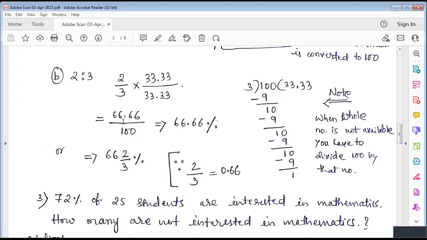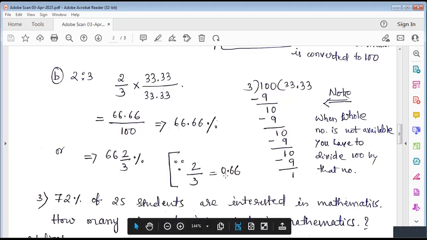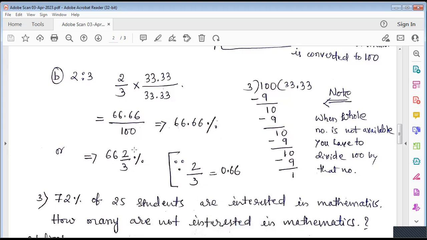So it is 66.66 divided by 100, and this is nothing but 66.66%. Or this can also be written as 66 and 2 by 3, because 2 by 3 is 0.66. You can express the same thing in this way also. So this is the second problem.